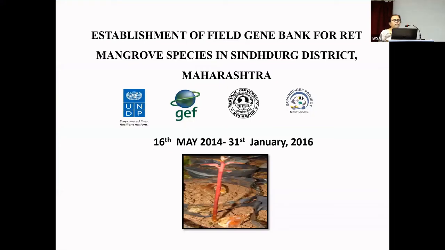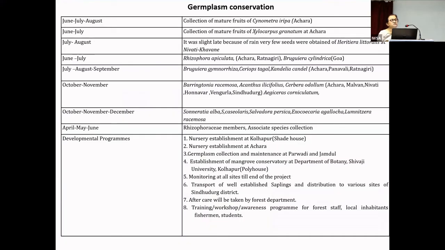Through this funding, we have started establishing field gene banks for rare, endangered, and threatened mangrove species in Sindhudurg district. This is just to show you the germplasm conservation. Each and every species' adaptation is different, key features are different, and these are the specifications.